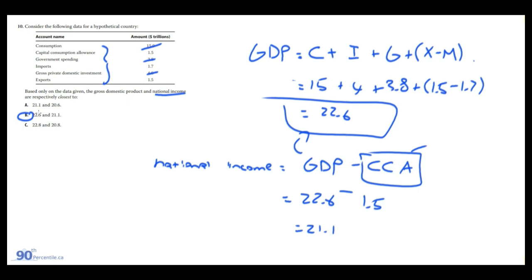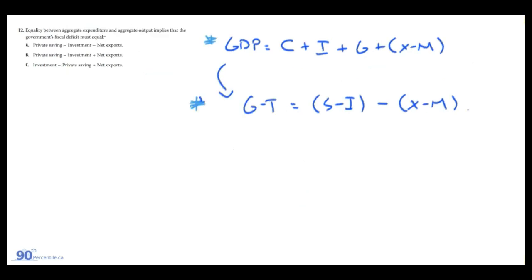Equality between aggregate expenditure and aggregate output implies that the government's fiscal deficit must equal what? So here, where we previously had the GDP formula, so GDP equals C plus I plus G plus net exports, we also have something slightly different, and this is used to model a different relationship between aggregate expenditure and aggregate output.